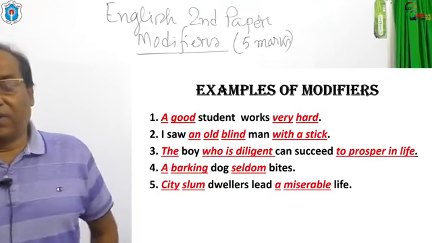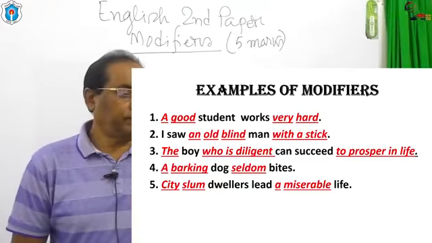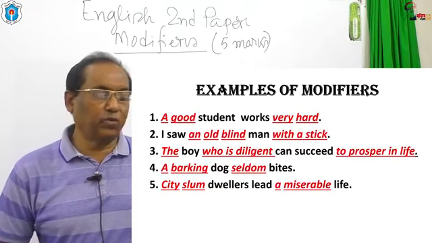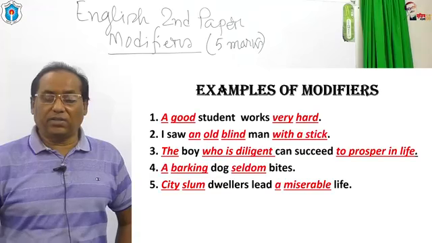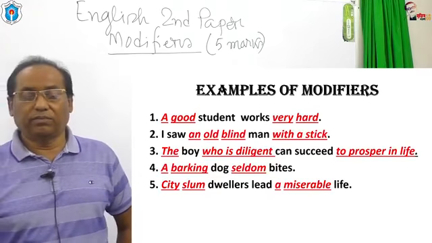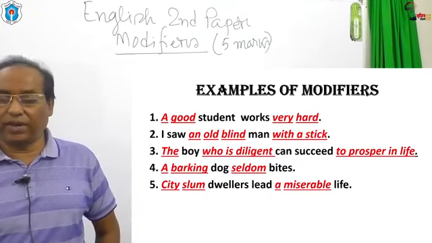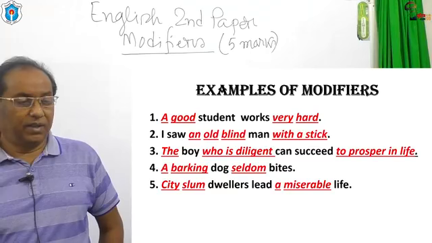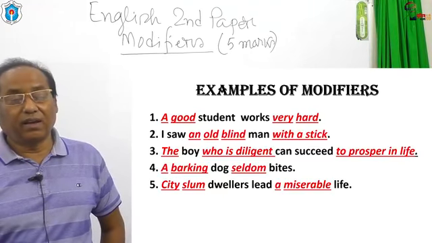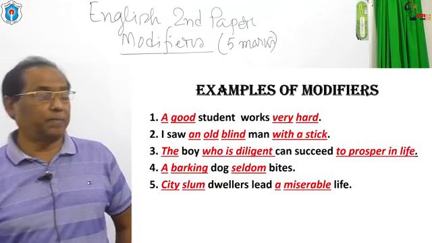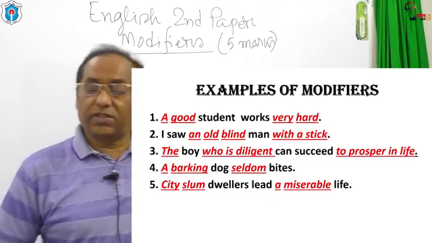Now the fifth example, "city slum dwellers." Dwellers is a noun or the head word. This word is modified by two other words, two nouns. First, city.